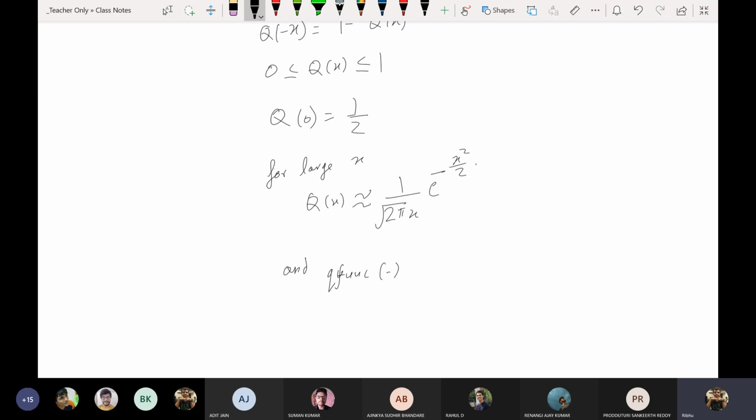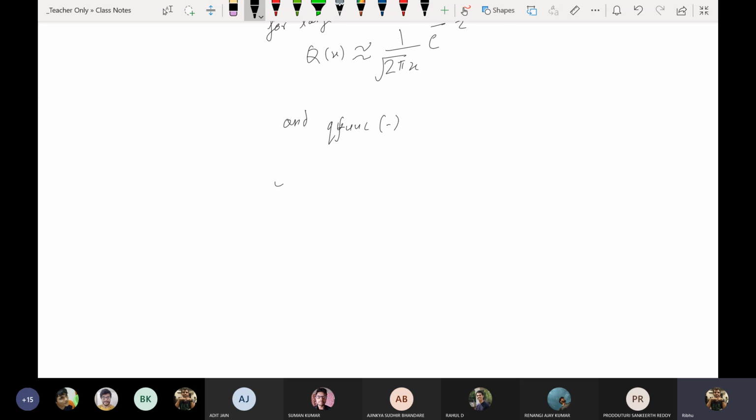So someone was nice enough to plot these. Looking at this, we get Q of 0 equals half, that we know. Q of 0.1 equals 0.46.